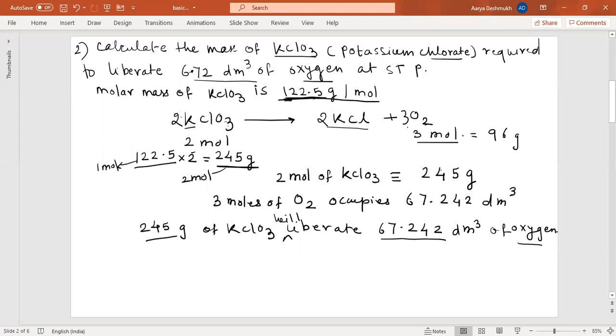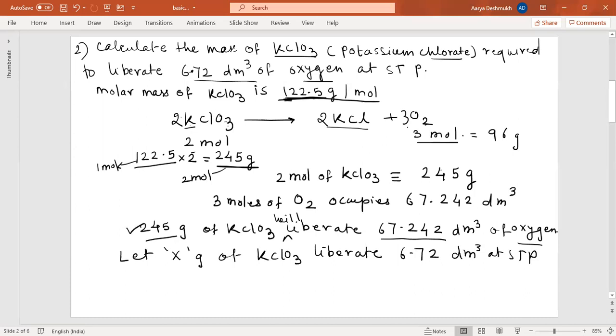Now suppose X grams of KClO3 liberates 6.72 dm cube at STP. Some of you might not understand how this 67.242 comes. In the problem it is given that KClO3 liberates 6.72 dm cube of oxygen, and we want to know the mass of KClO3.